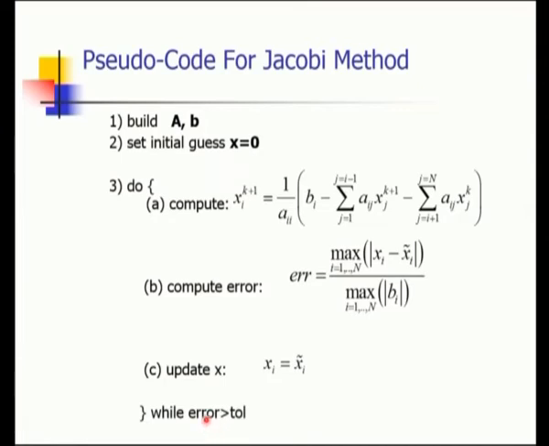Otherwise, if it is greater than the tolerance value, these computations will be performed again. Once it is less than that, control will exit the program and the program will halt.